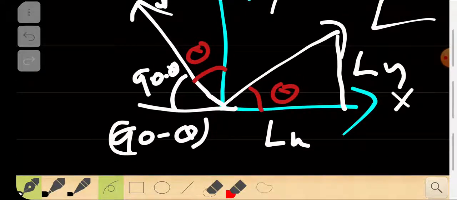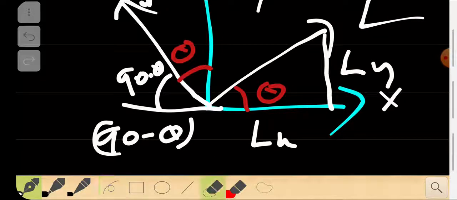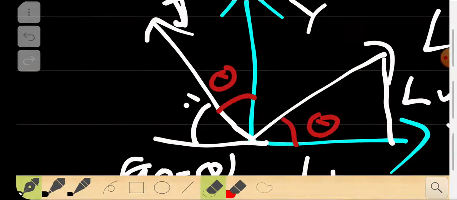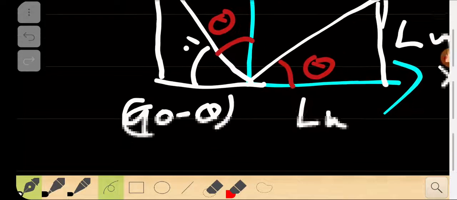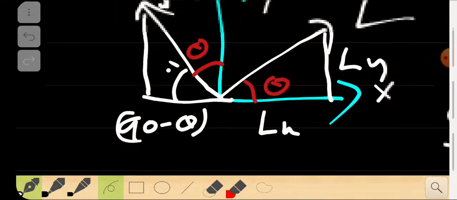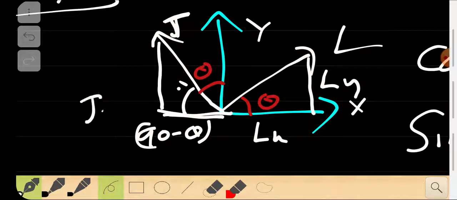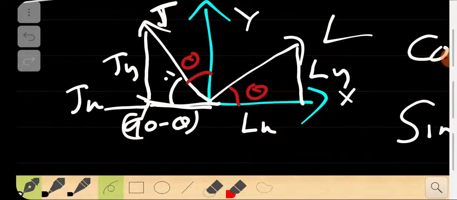So you see that if you draw an intercept like that, this length will be jx, and this will be jy, right? And this angle is 90 minus theta.